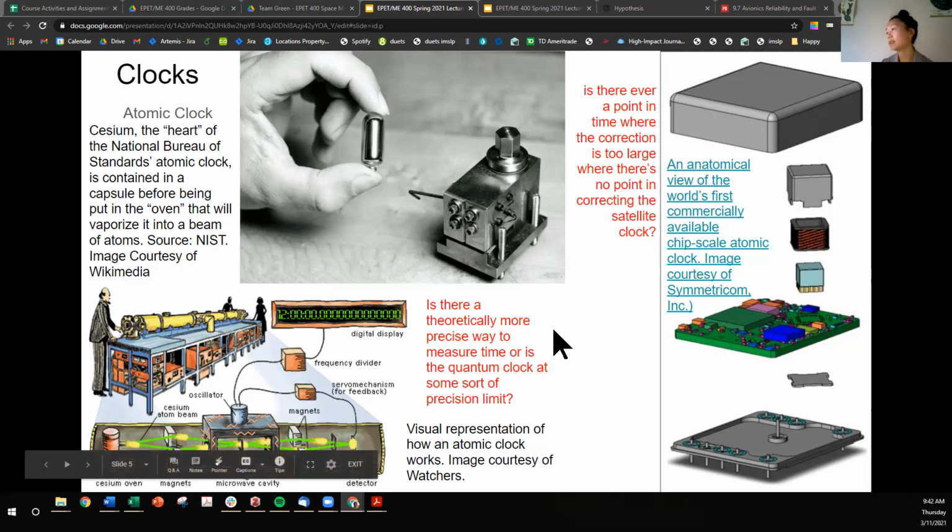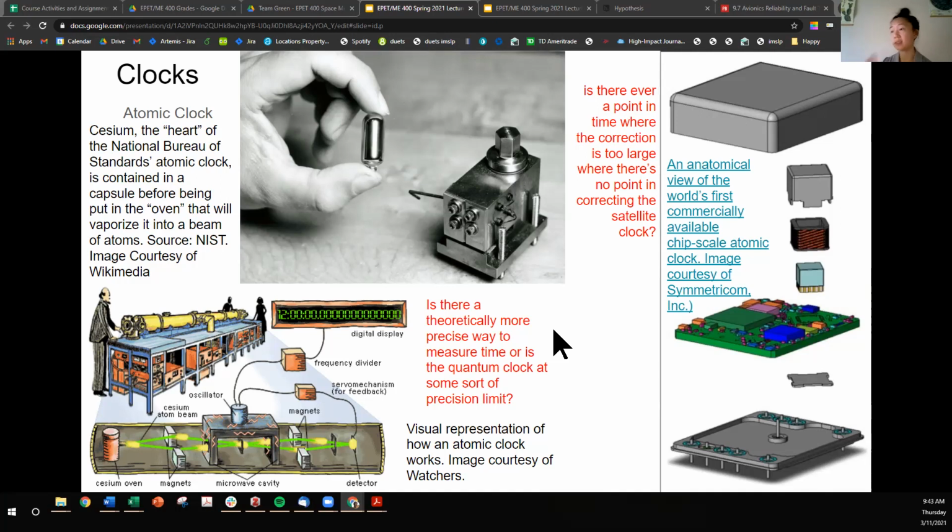On the bottom left: is there a theoretically more precise way to measure time, or is the quantum clock at some sort of precision limit? I think the atomic clock is certainly very precise, because it has a very, very high frequency. You could get more precise if you use a type of atom that oscillates at an even higher frequency, that is just as well characterized and something that we can measure.